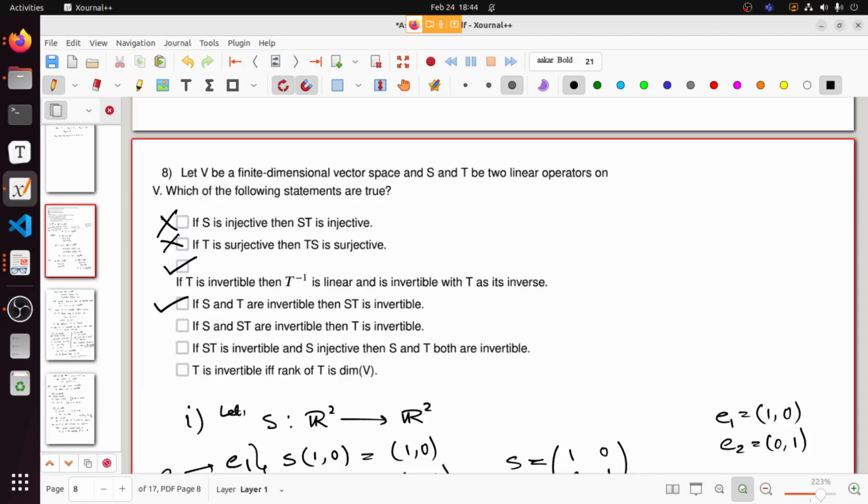Now what is the next option? You have to show that if S and ST are invertible, then T is invertible. So now let's check option number 5.